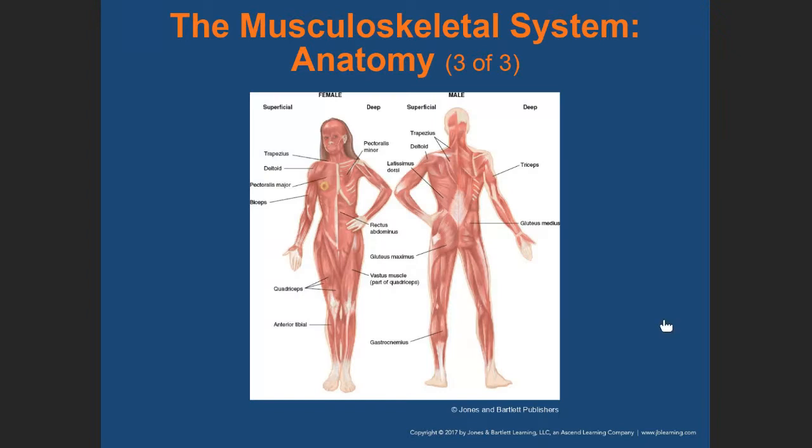Now, on this diagram, you may have to zoom in on your end, because if I zoom in on it, you won't be able to see it. So you have to use that feature on your end. The muscles on this particular slide, you would need to be familiar with.